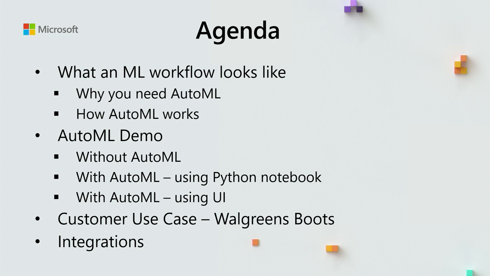Right? And then I'll close off with some of the integrations that we're working with, where AutoML is powering some of the products that, in turn, provide AI offerings for their users. Right?